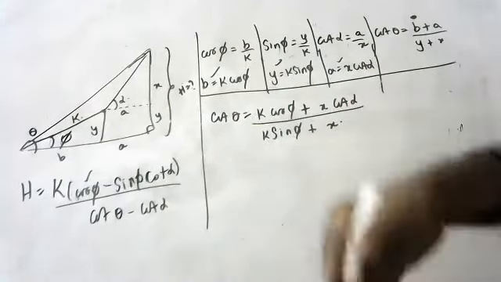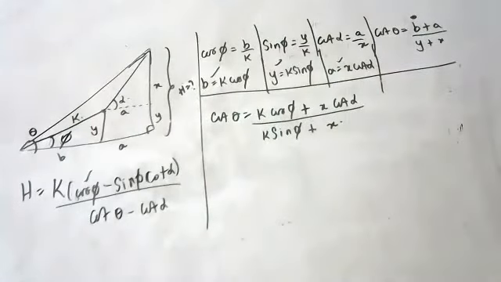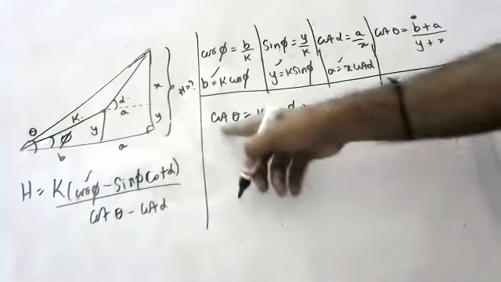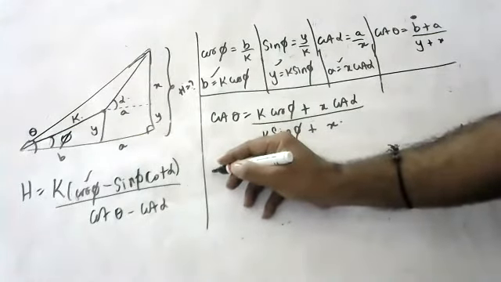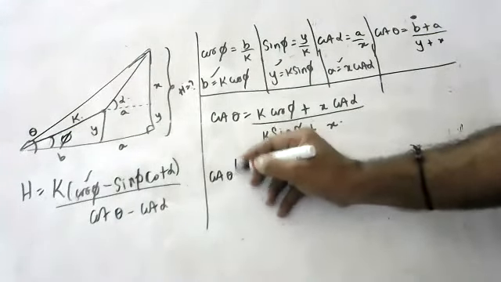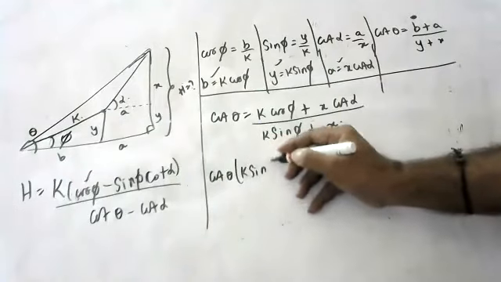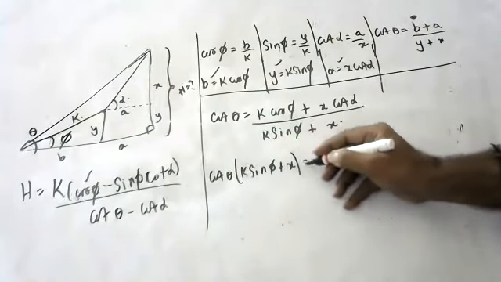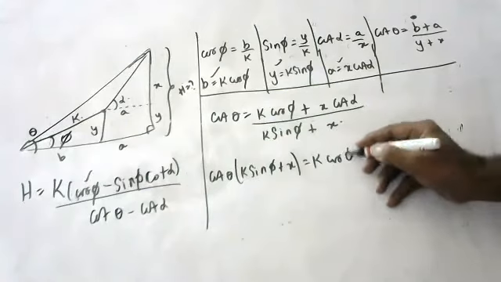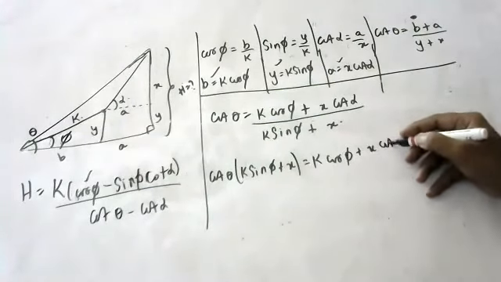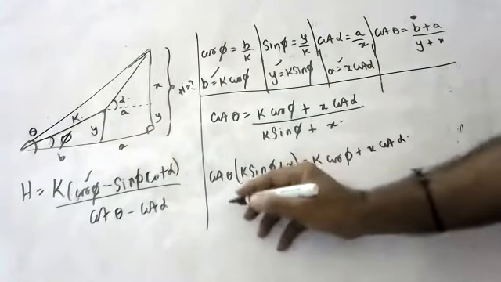If we did not find it out, let it be like that only. Whenever the time comes, we will get that answer. So what it will become, children? Cot theta into k sin phi plus x equals k cos phi plus x cot alpha. The question is over. Now simply solve it, you will get the answer. That's it, nothing else.